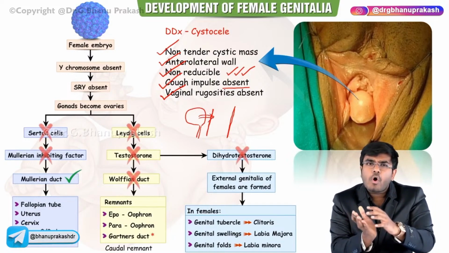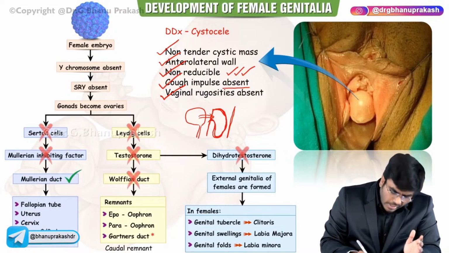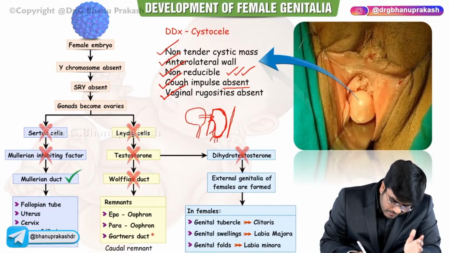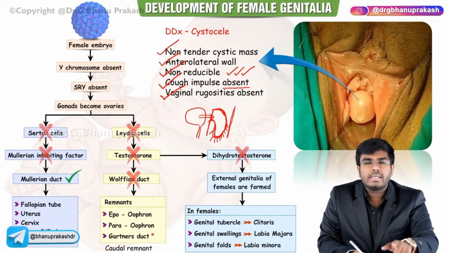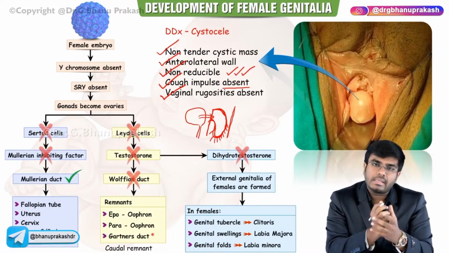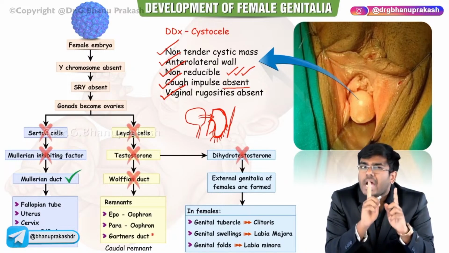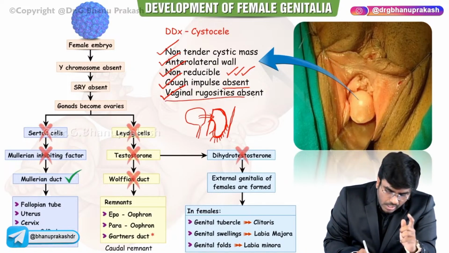Whenever the bladder falls back, the anterior vaginal wall also forms a depression, something like this. So this depression is nothing but the anterior vaginal wall, and I can see the vaginal rugosities on the mass or the bulge with a cystocele. But if it is a Gartner's duct cyst, the vaginal rugosities are absent.